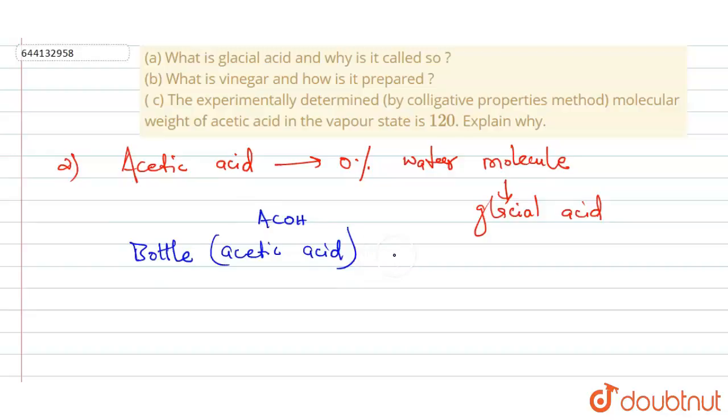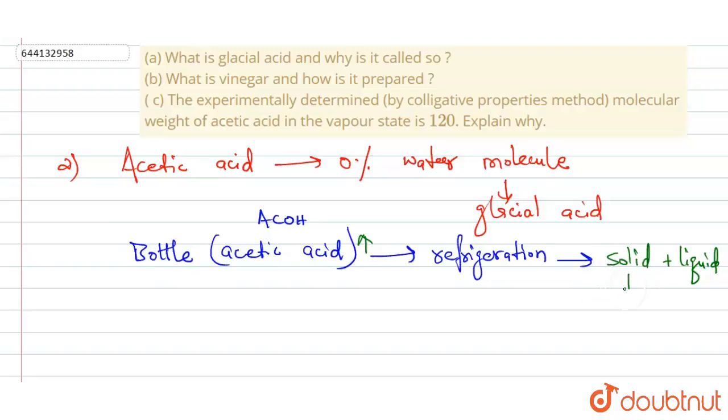Okay, so if we keep the bottle in refrigeration, what we get is, as we know that the melting point of acetic acid is high, so it will freeze. So we have two forms of matter there. We have solid plus liquid as output.